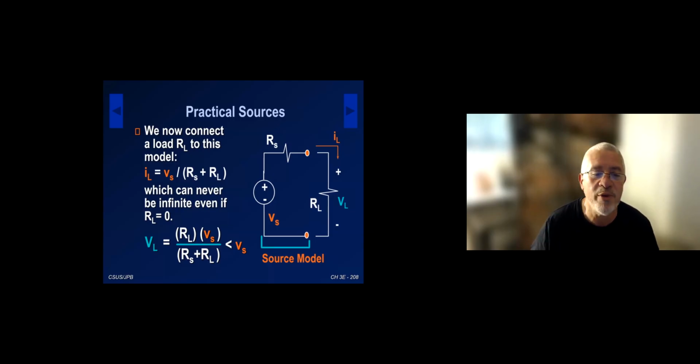The maximum current you can draw is Vs over Rs if RL is set to 0. What you see also is that the voltage VL, when you connect a particular load, is going to be less than the voltage Vs by virtue of voltage division. So this is a very accurate and practical representation of a voltage source.